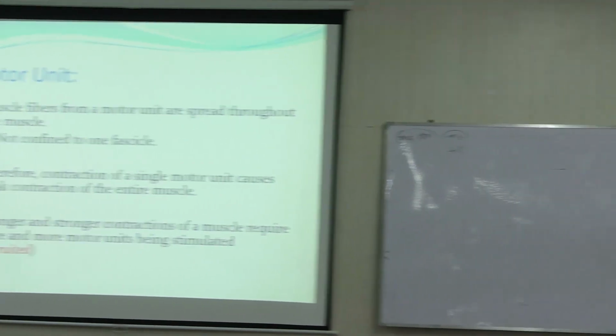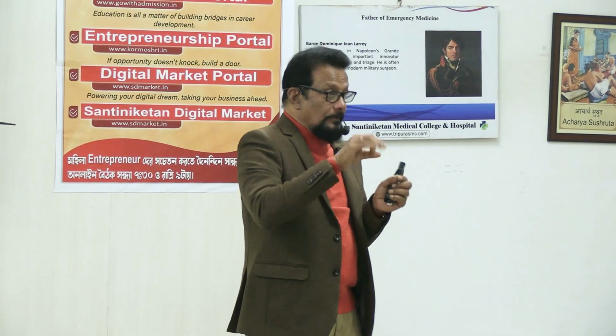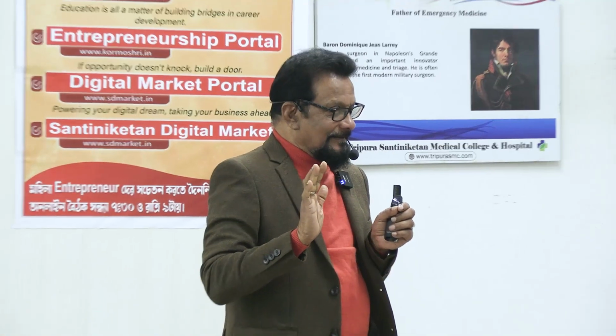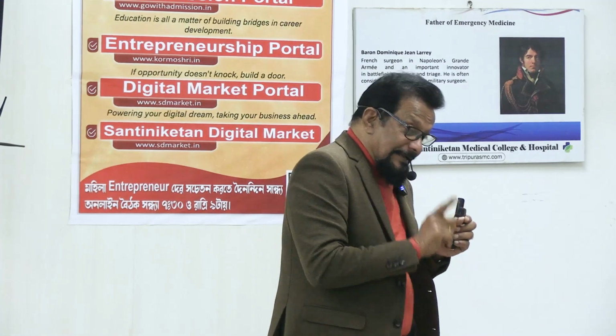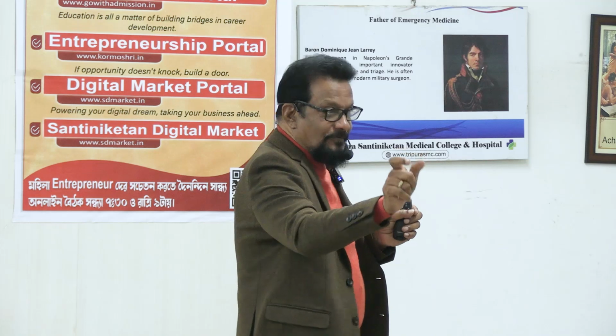So when one axon comes out of the nerve root, it will produce a number of branches. Okay? Now each branch will supply one muscle fiber.